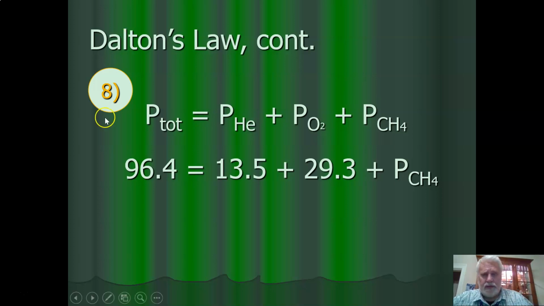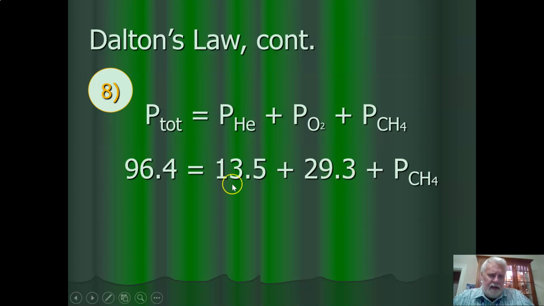So the total pressure was 96.4, and again, perfectly okay to leave the units out in the setup of these things. I prefer that, actually, just to give you an exposure to, many of your college profs will let you do this on the mathematical step, and just make sure you have the units at the very end.